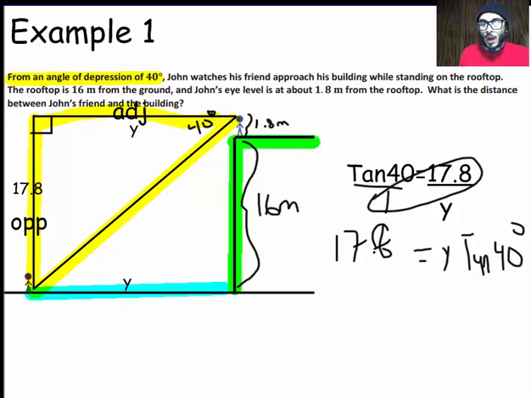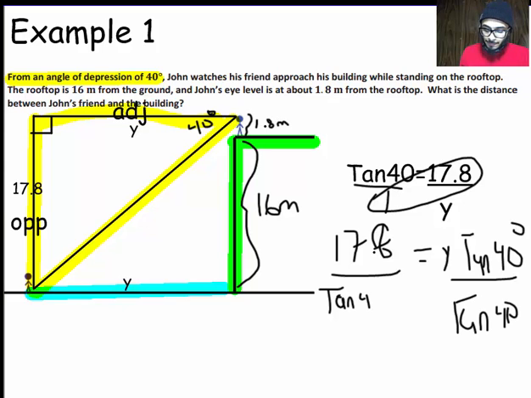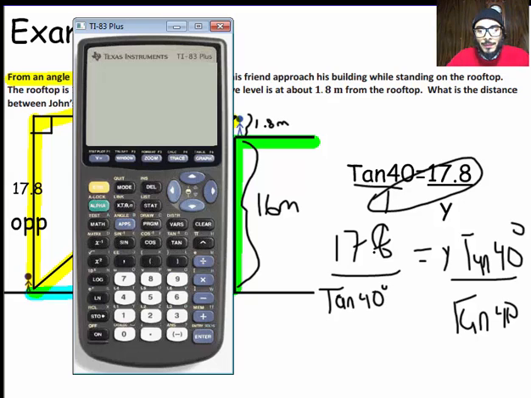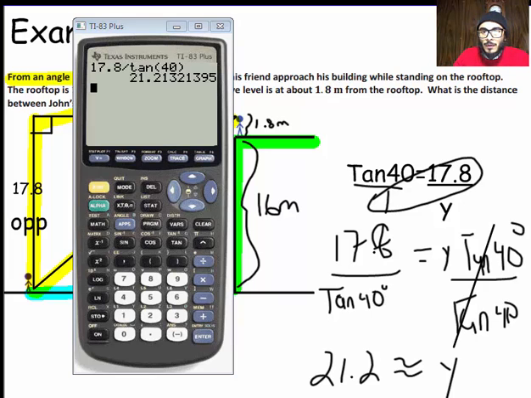So now we got to get y by itself. So we're going to divide both sides by the tan of 40. So we got 17.8 divided by the tan of 40. Let's get our calculator. And we get approximately 21.2.